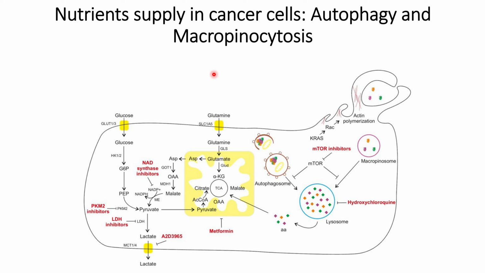In the case of macropinocytosis, the cell takes up the extracellular components surrounding it, and those are recycled by the lysosomes and the amino acids are used for tumor cell progression.